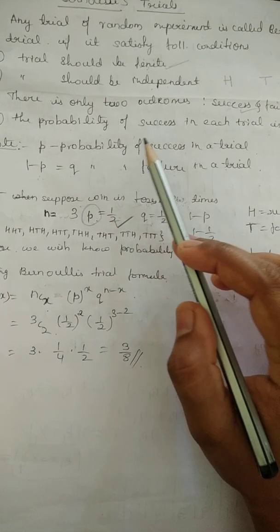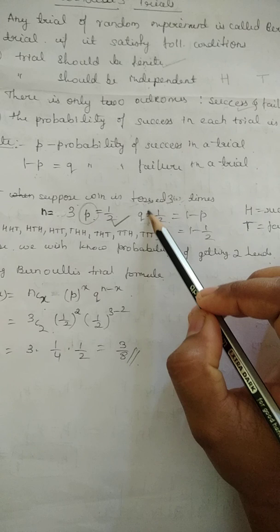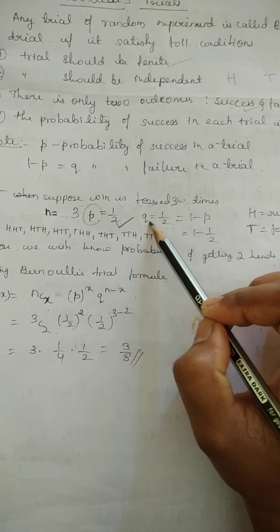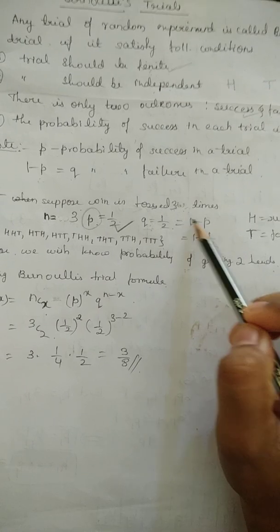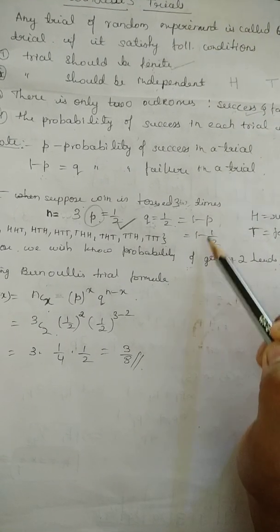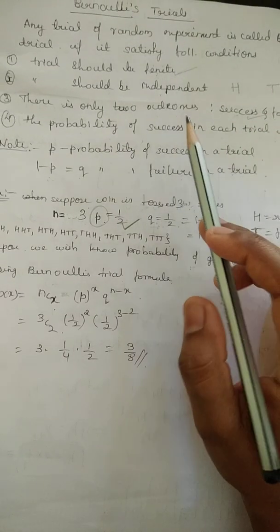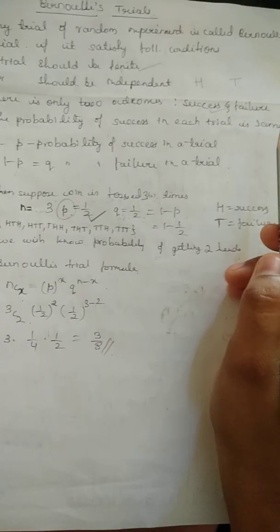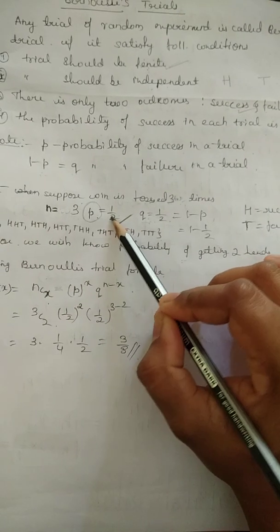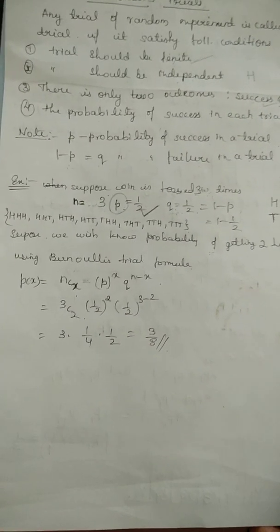So that we can take as success. Failure you can take as Q. How to get the probability of failure? That is 1 minus P, which is again 1/2. So the probability of success in each trial is the same, and the probability of failure is also the same.